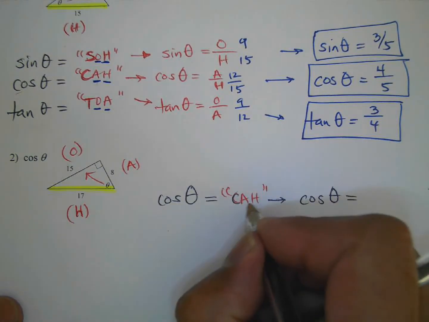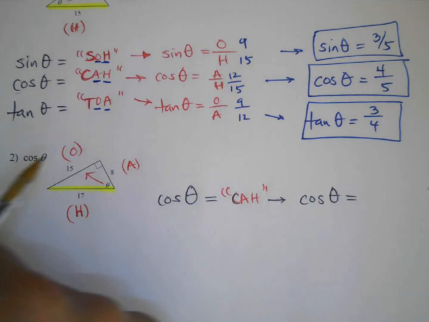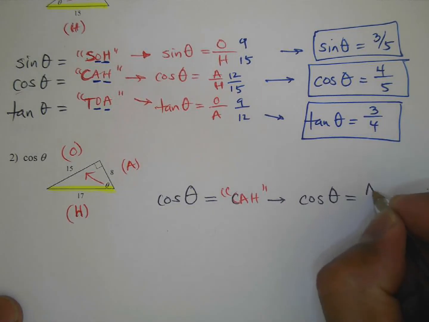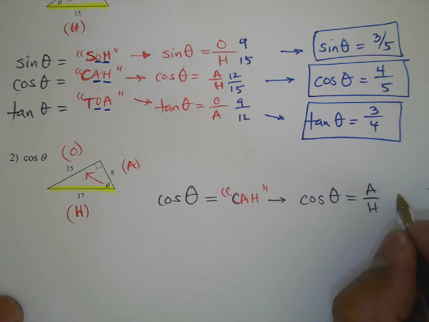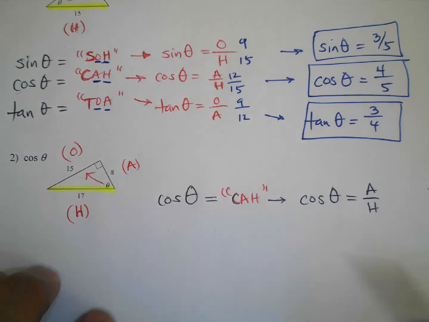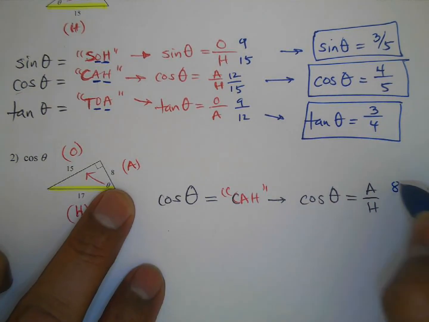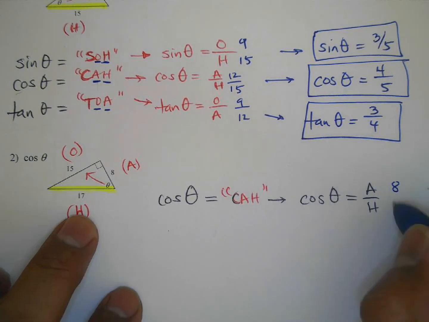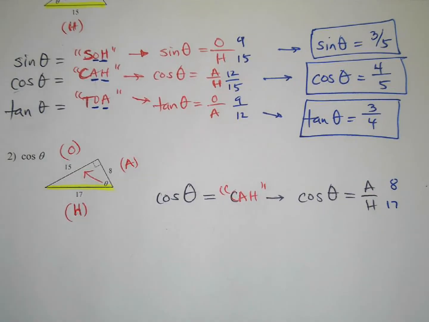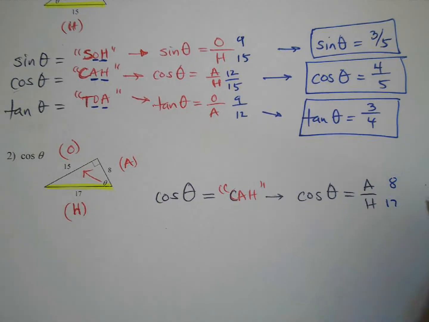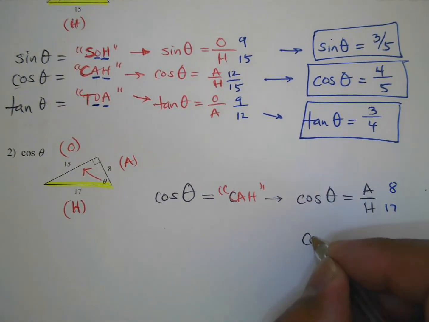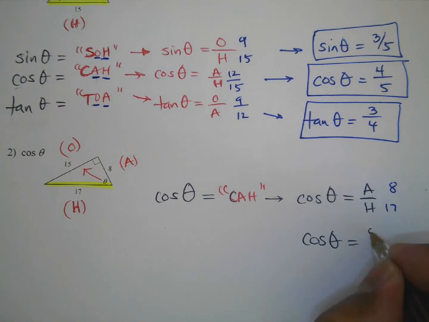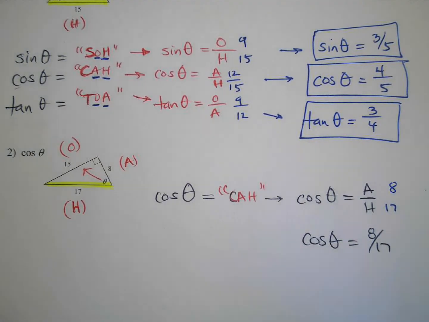The last two are the numerator and the denominator: A over H. So for this one, you're going to get A, which is 8, over H, which is 17. That cannot be reduced, so that's the trig ratio for cosine. Sometimes they call them trig functions, same thing. Answer is 8 over 17 for cosine.